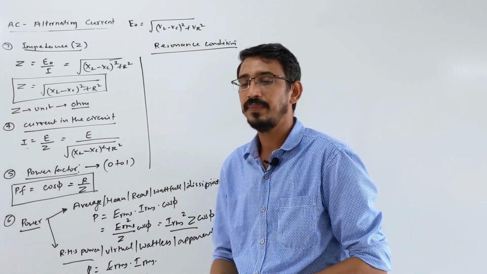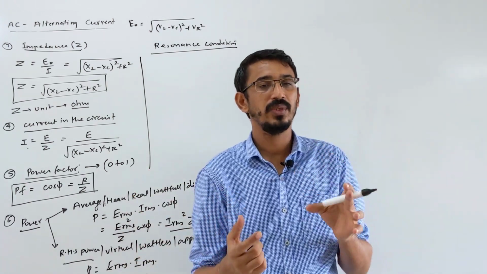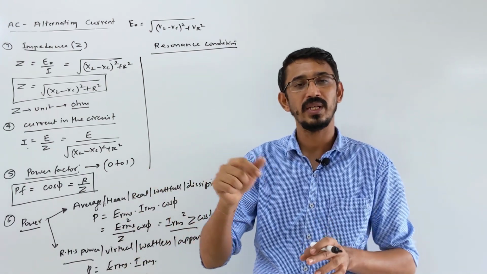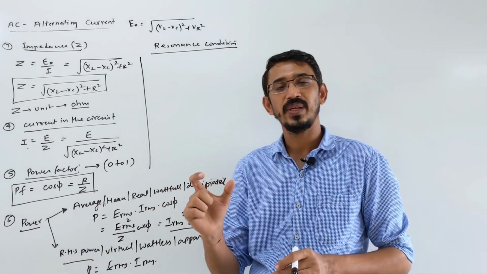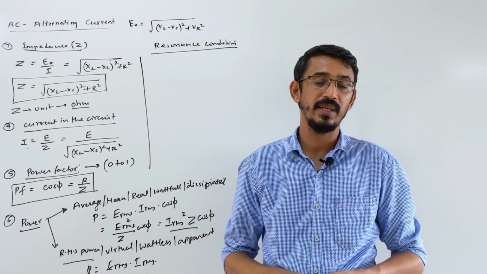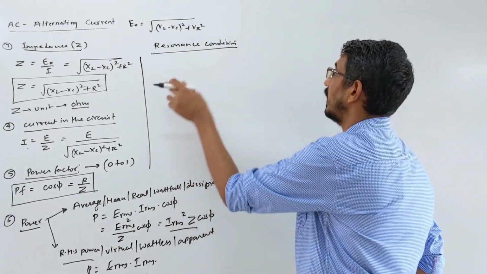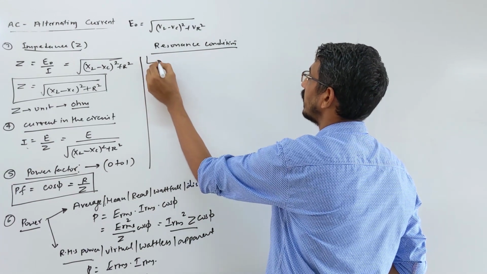Here we have two frequencies. One is the frequency supplied by the source, remember E is equal to E naught sine omega t, that's angular frequency. You can write linear also, 2 pi f. That's the frequency of the source. And the other is the natural frequency of the circuit. If they are matching, then it's called resonance. So I'm writing a small sentence. What is a resonance condition?